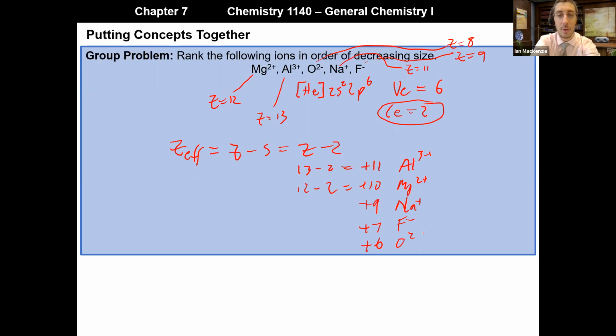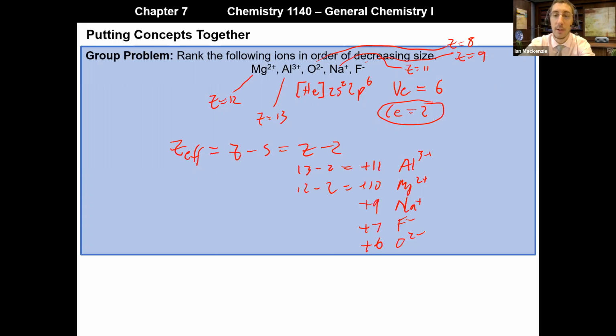So oxygen 2-. If I look at each of these, I can see that the larger the effective nuclear charge, the more tightly bound those valence electrons are. And thus, the smallest ion will be the aluminum 3+, whereas the largest ion will be the oxygen 2-, the O2-.